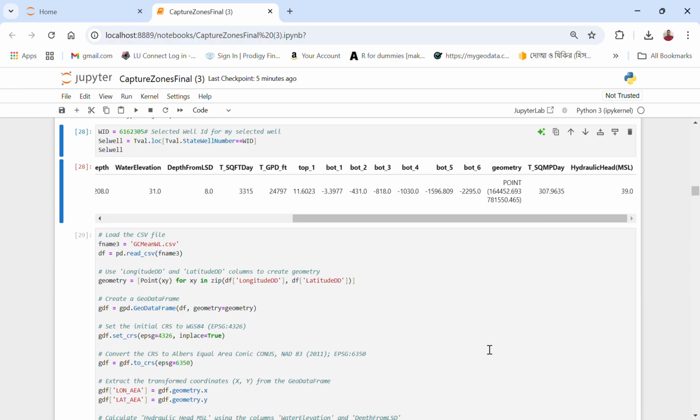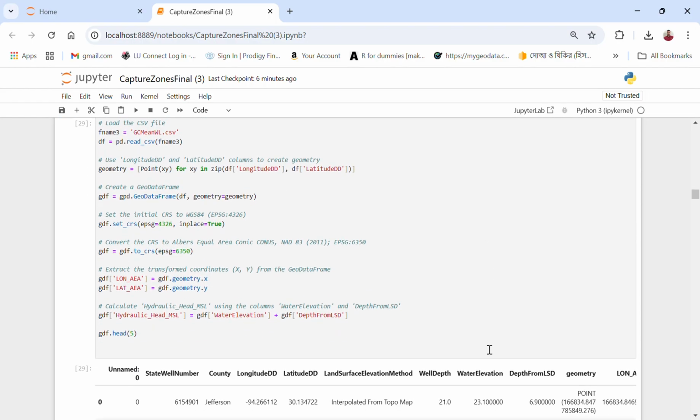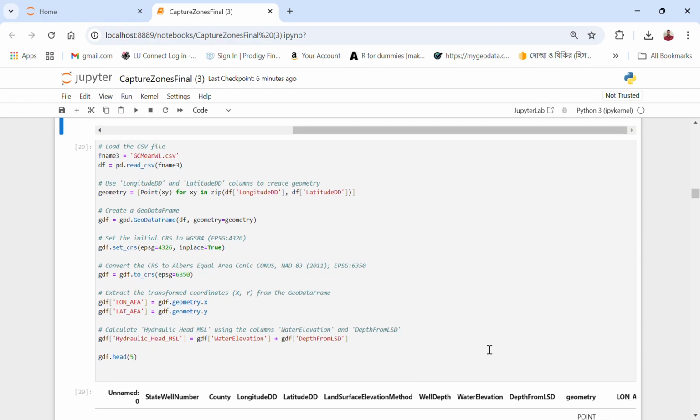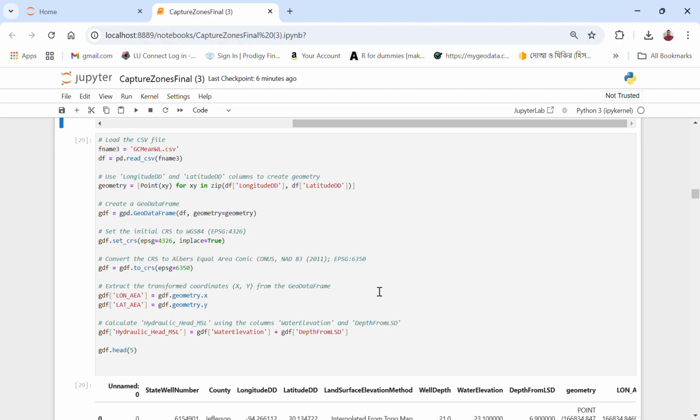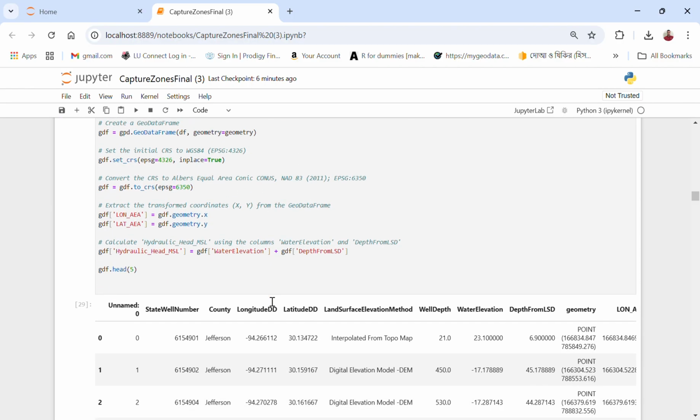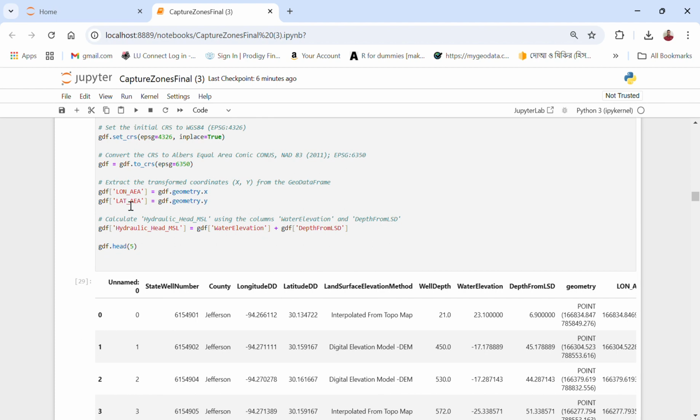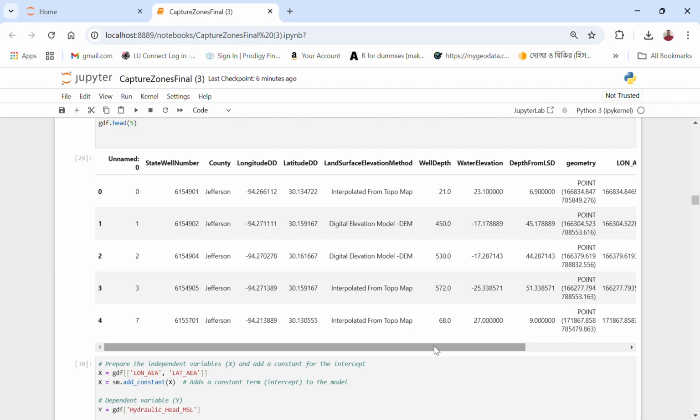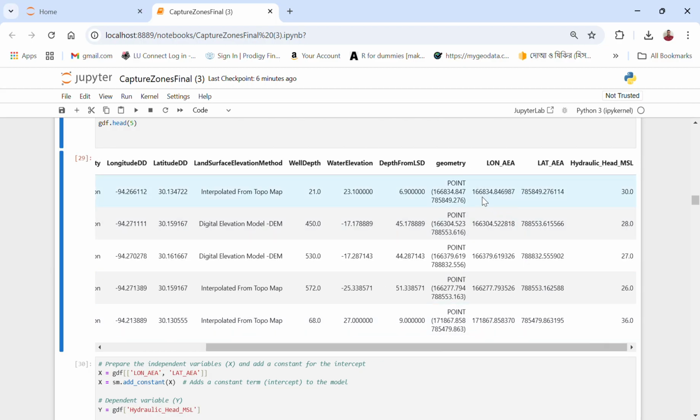After that my target is to calculate the gradient of the regional flow, and for this calculation we need to add another file. I added another file, and I extracted the latitude and longitude, in my Albers equal area conic projection, and this is my hydraulic head.